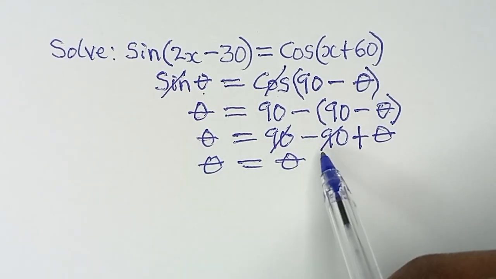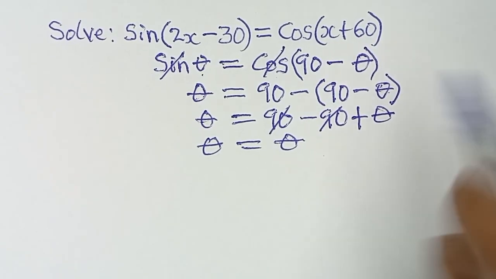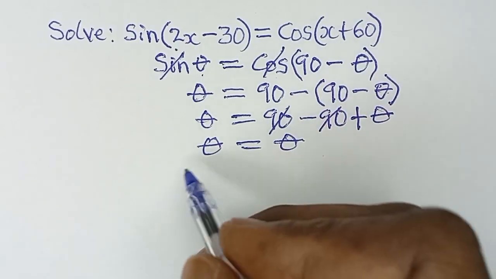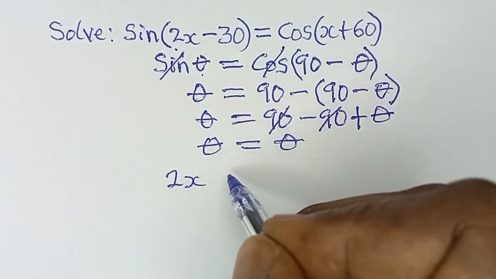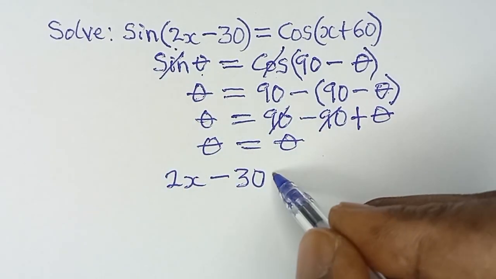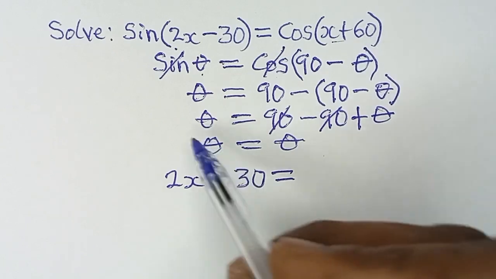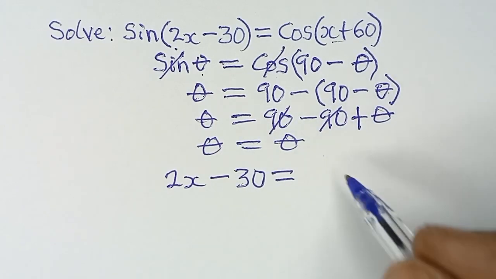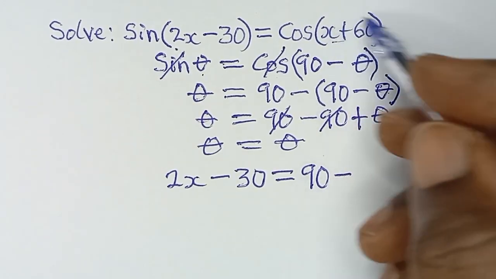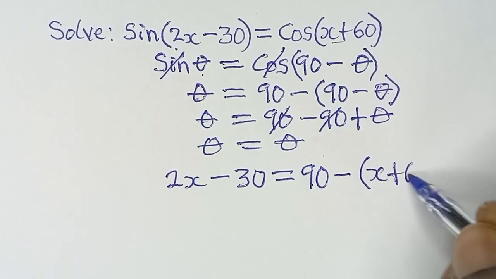So with this shown, you will agree with me that what we have on the left from the original question, which is 2x minus 30, ignoring the sine and cosine part, will be equal to 90 minus what we have on the right, which is x plus 60.